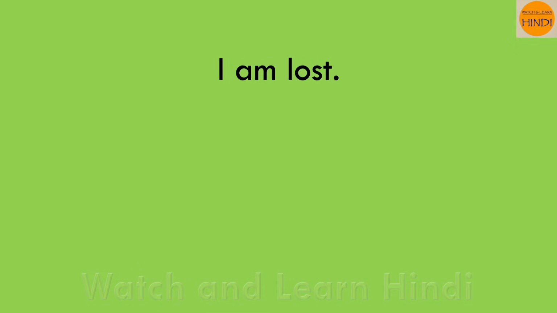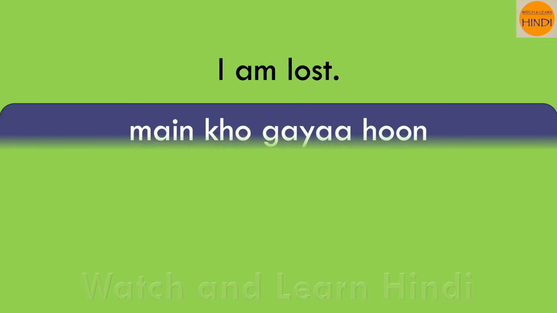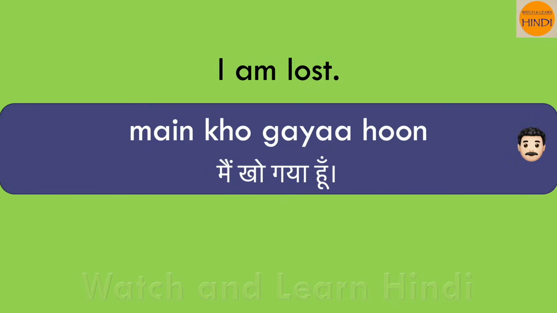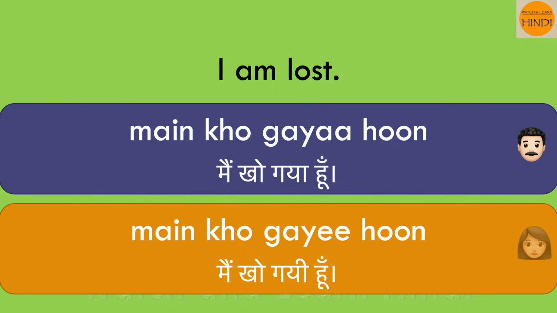I am lost. Now this sentence has two versions in Hindi, one masculine and one feminine. So if the gender of the speaker is masculine, then it is मैं खो गया हूँ. And if the gender is feminine, then it is मैं खो गई हूँ.